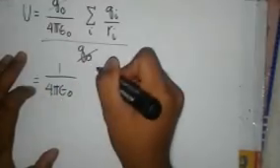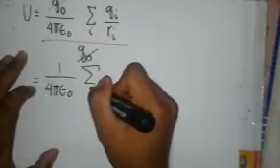So by dividing this by q naught, q naught will be cancelled. So we now got 1 over 4 pi epsilon naught, summation of q sub i over r sub i.